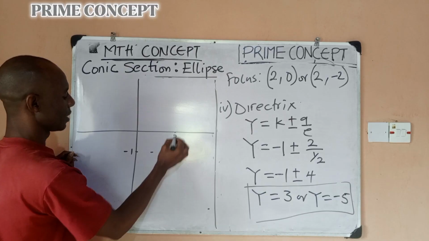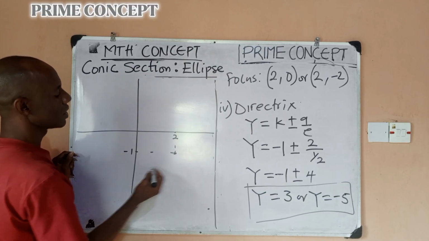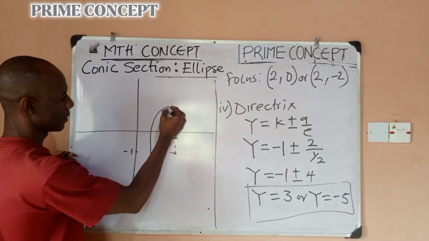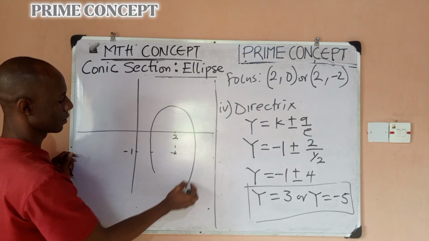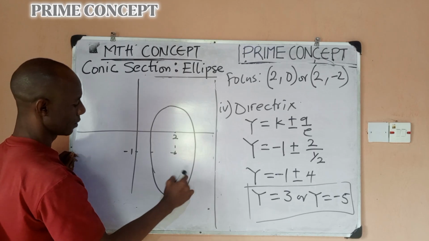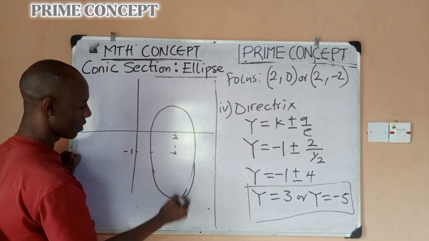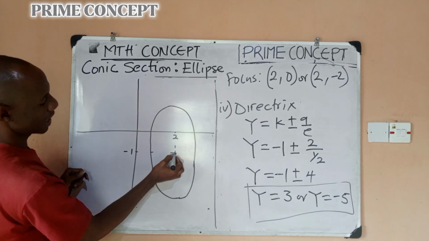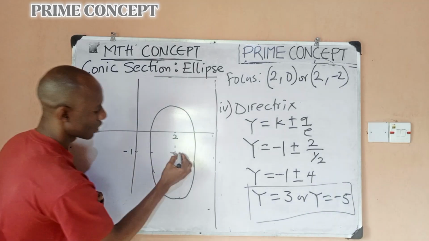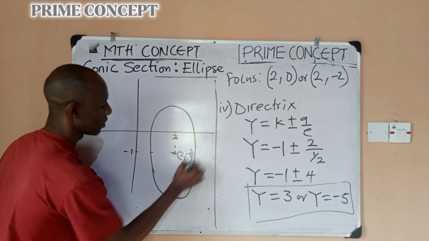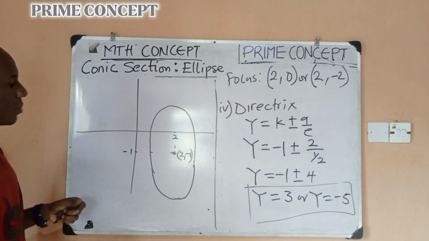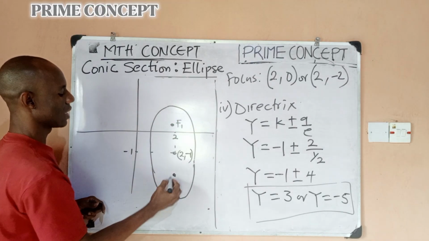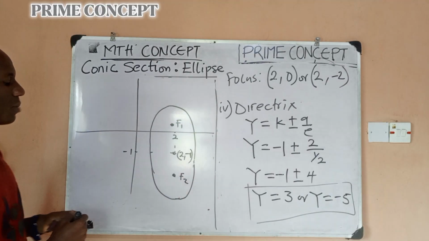So the center is going to be somewhere here. My ellipse is going to be somewhat like this, of course, I'm not drawing to scale. This is the center, and the coordinates of this center is 2 comma minus 1. The foci are somewhere around here and somewhere around here. I can call this F1, call this F2.